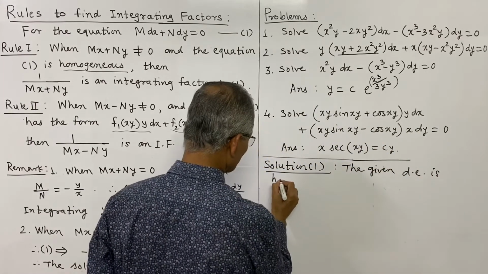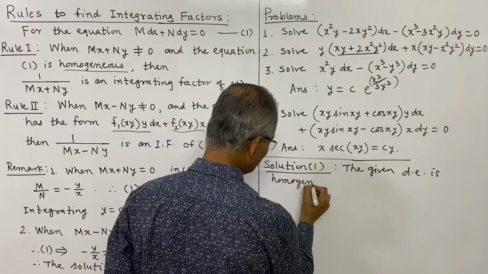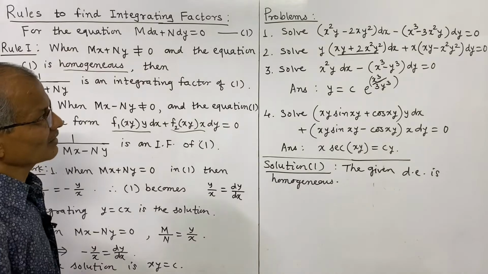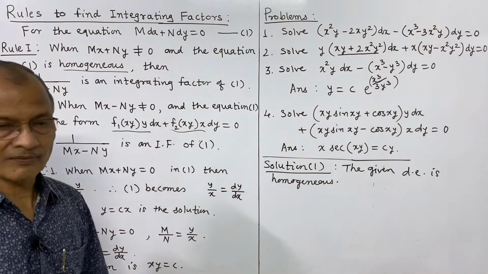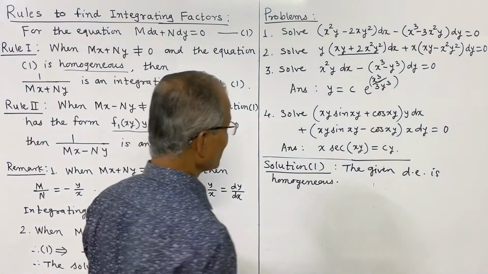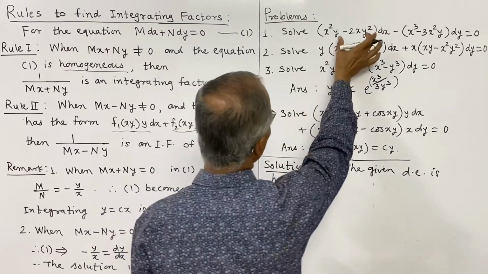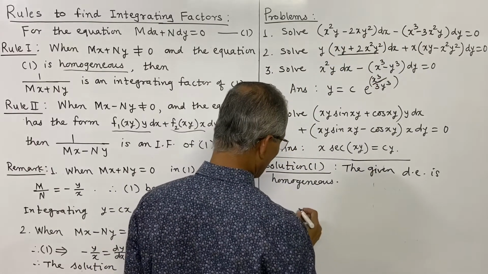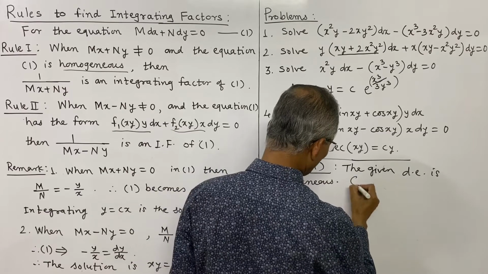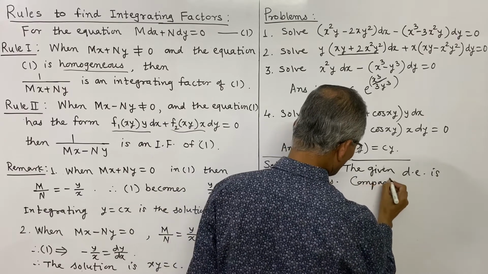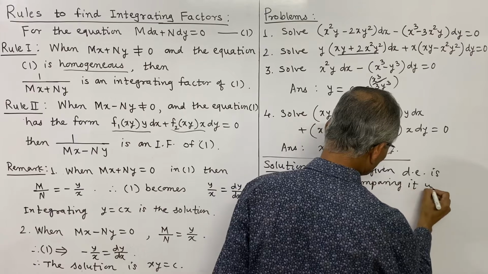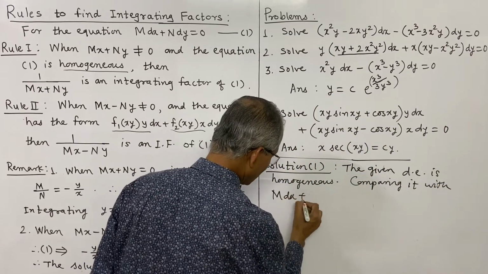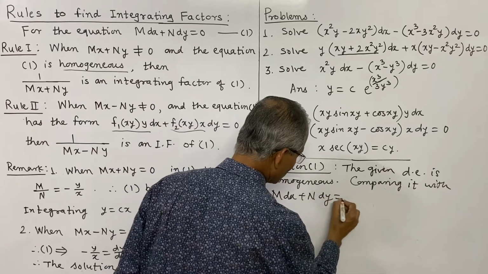It is homogeneous, and the functions of x and y are of third degree. So here what are M and N that we should write? The values of M and N, comparing it with M dx plus N dy is equal to 0.